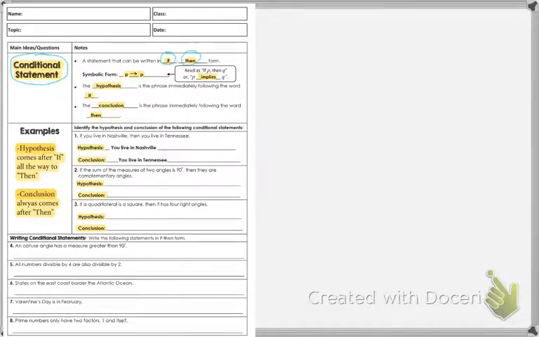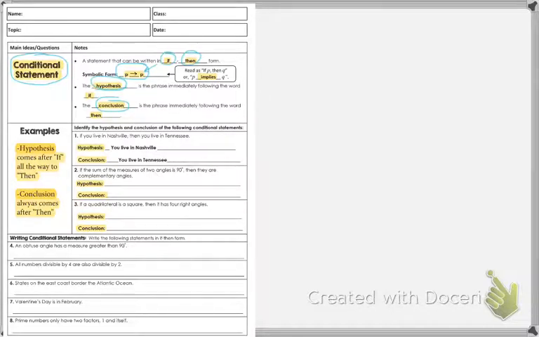The symbolic form is usually the arrow. It's usually between the P and the Q. Well, in this case, I made a flub there. That should be a Q. Now, what I need you to understand, whenever we use these if-then conditional statements, they're going to have a hypothesis and they're going to have a conclusion.